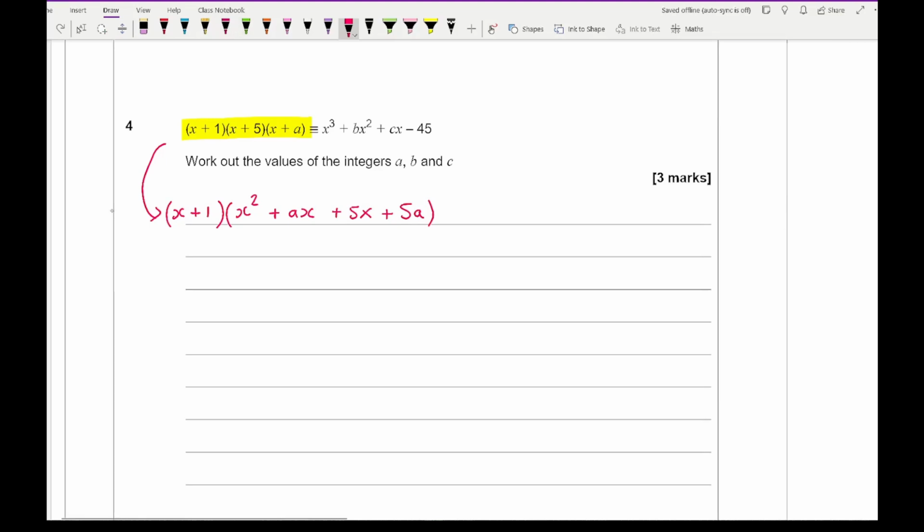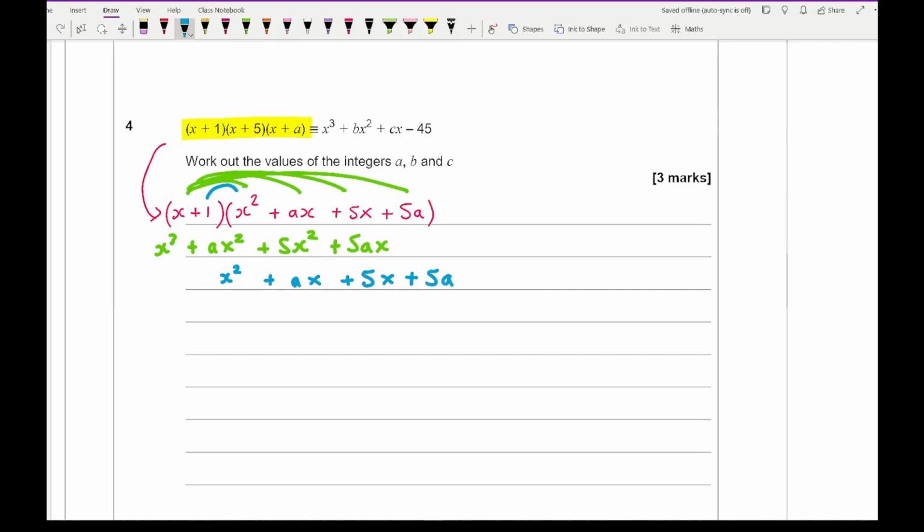Then expanding this out, I get x cubed plus ax squared plus 5x squared plus 5ax. So all I've done there is just expanded those out. And then I need to multiply everything by the 1, so that becomes 1x squared plus ax plus 5x plus 5a.